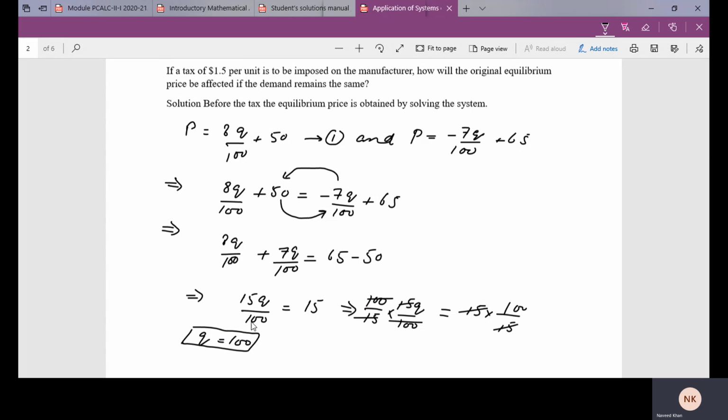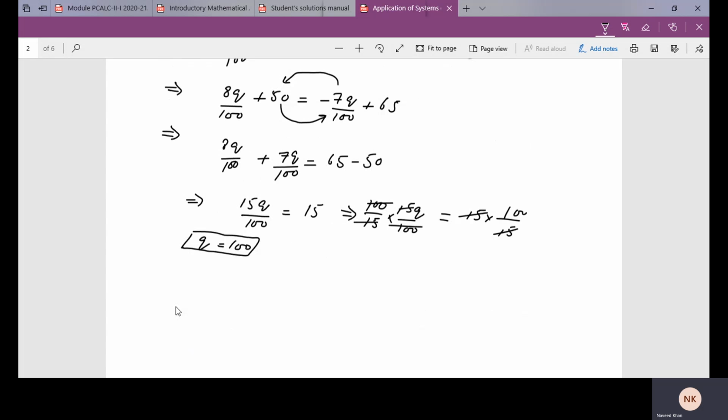Now, after this we have the value of q, but right now we need to find out the value of p. So for the value of p, equation 1 becomes p is equal to 8q by 100 plus 50, putting the value of q. So p is equal to 8 multiplied by 100 divided by 100 plus 50.